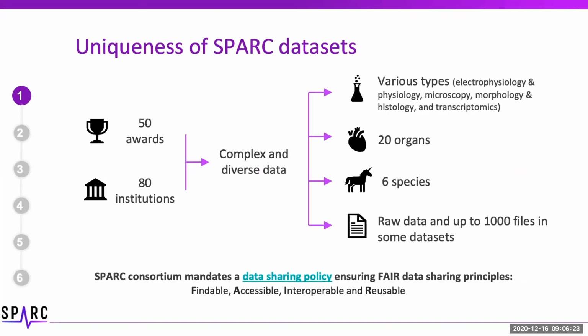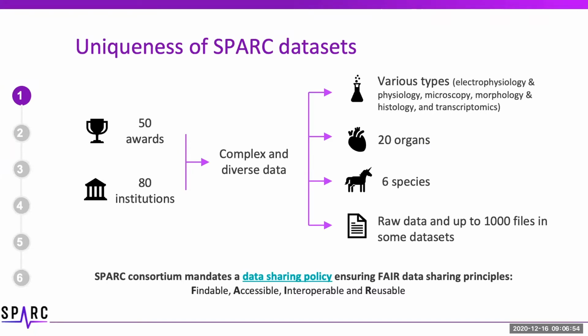The data produced by SPARC projects is highly heterogeneous, deriving from multiple species, spatial and temporal scales, and anatomical, physiological, and molecular techniques. To date, we have received data from over 80 research labs around the globe. Experimental realms are referencing 20 organs from 6 species.